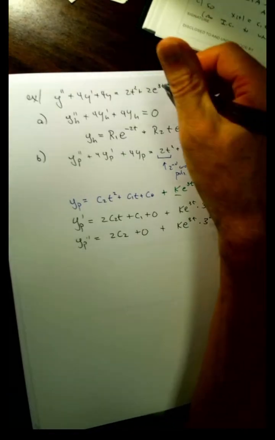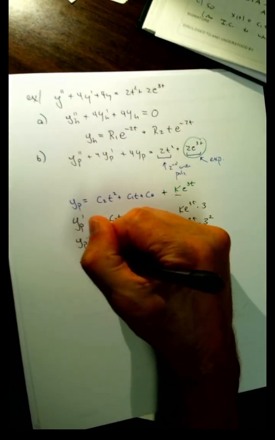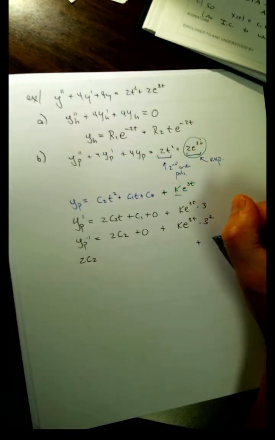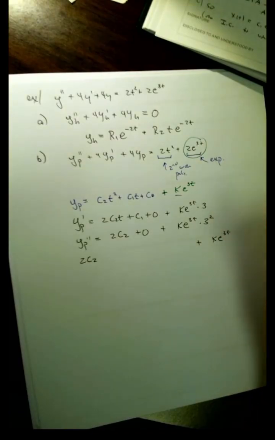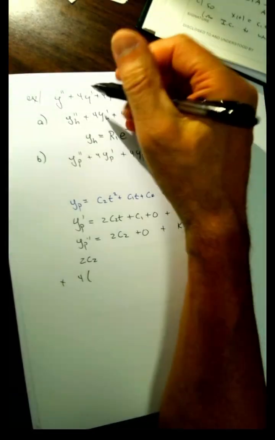If I plug this into my differential equation, I have y double prime is 2c2 plus ke to the 3t times 9, plus 4 times y prime.